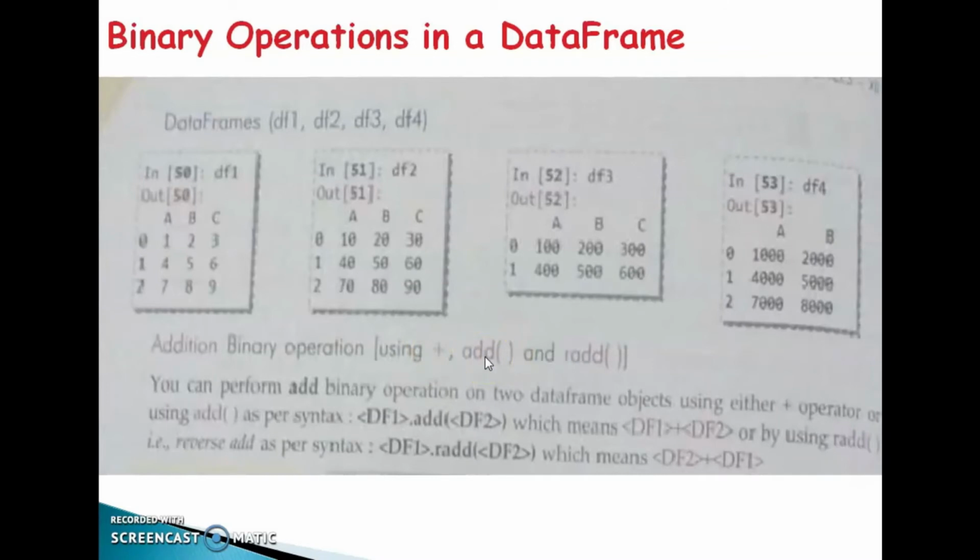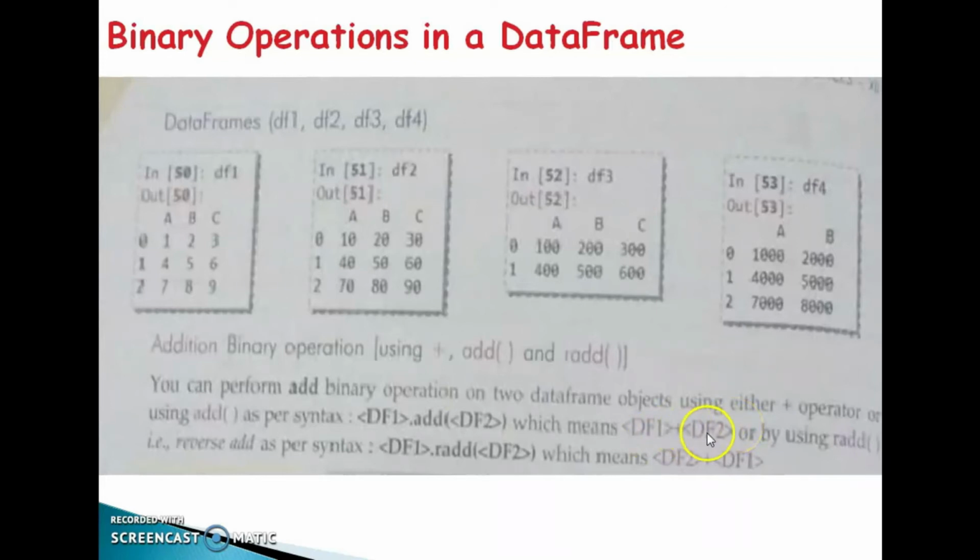By using the add function we can add 2 data frames. Then radd is reverse add. Check this one. We can perform the add binary operation on 2 data frame objects using either the plus operator or the add function, as per the syntax df1 dot add df2. That means df1 plus df2.